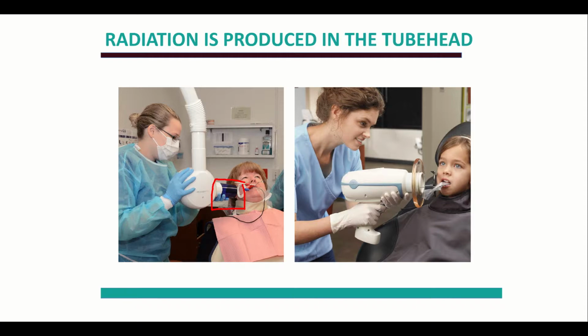I have some pictures of a cone shaped PID. The proper term for that is a PID, position indicating device. Again, commonly called a cone. That's going to help you position the radiation to come out towards the patient's face. And then of course we have the arm and the control panel, which we already talked about, and we're going to talk about again here in a minute.